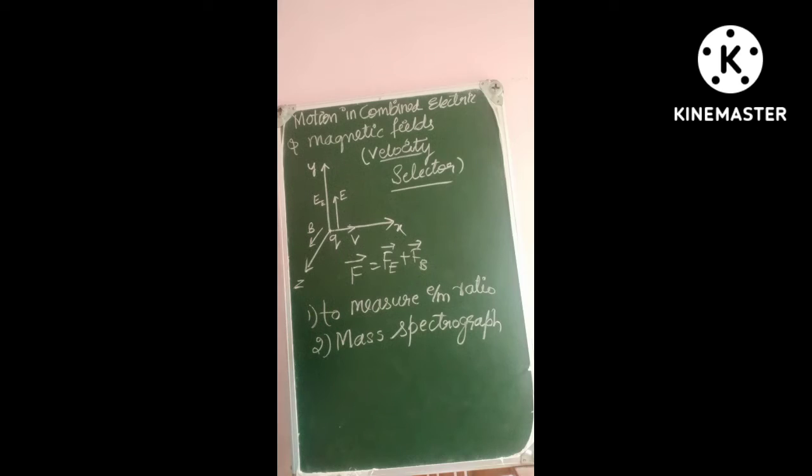Next, it is also used to separate the charged particles. It is also called a velocity selector or velocity filter, because it filters out the particles of a particular velocity. That is why it's called a velocity selector.